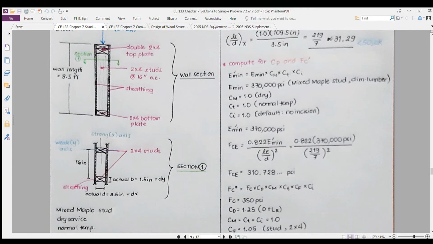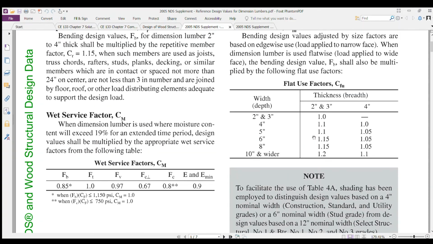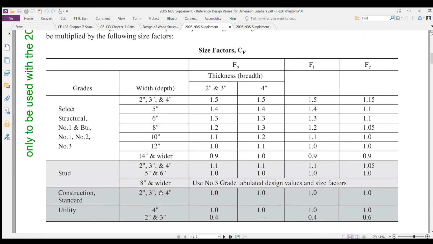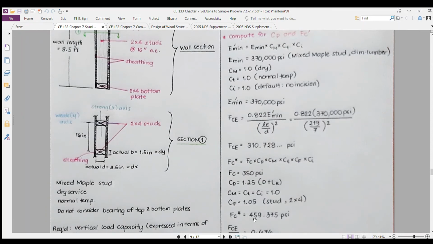Let us check here for the value of C sub F. For studs, we have a value for C sub F of 1.05. Okay, and we have a value of F sub C asterisk of 459.375 psi.